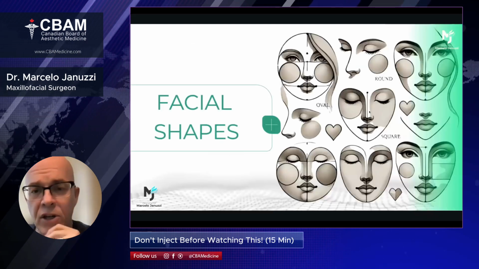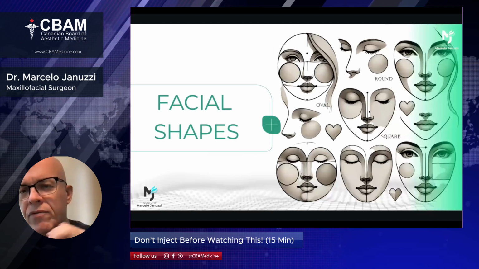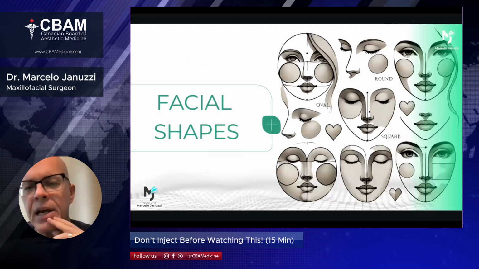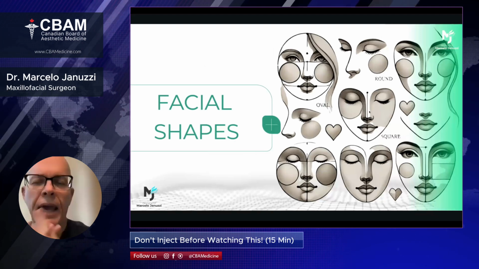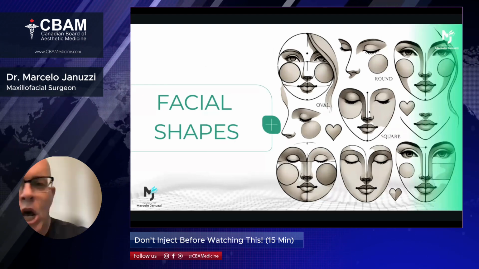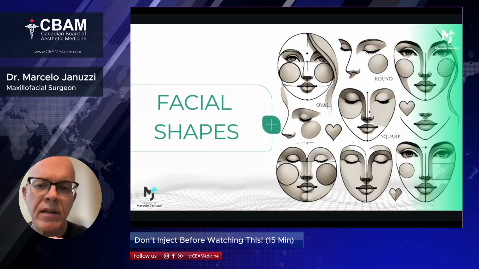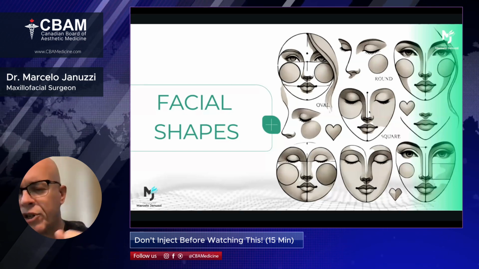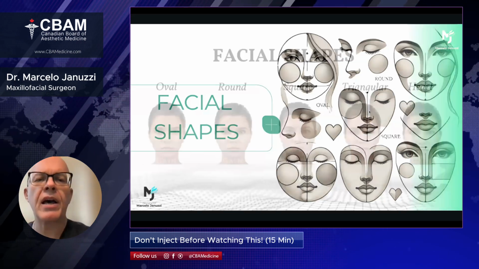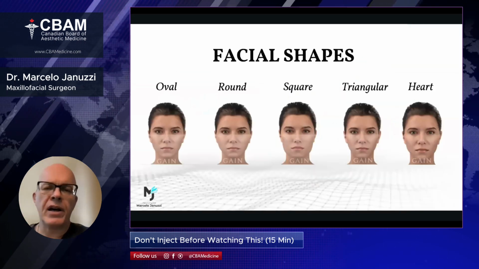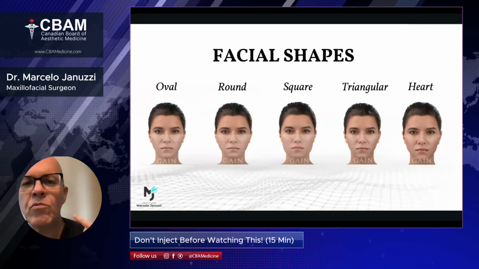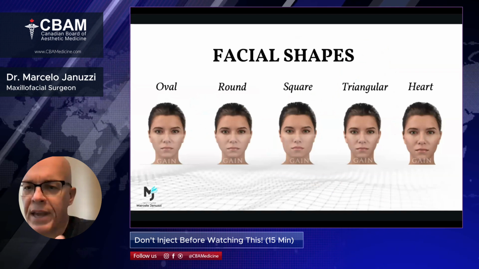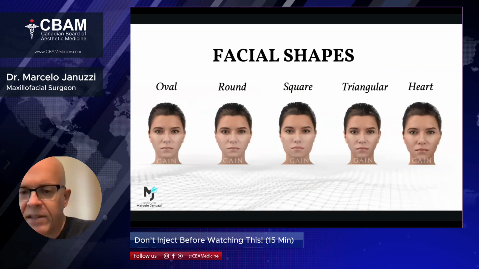Another thing is facial shapes. Those different facial shapes determine maybe where I can or I cannot put some hyaluronic acid to develop different shapes of face. Normally we have five different types: oval, round, square, triangular, and heart face.